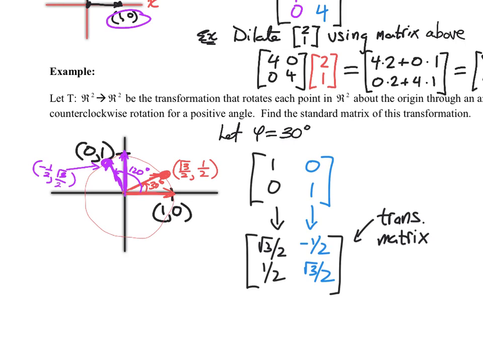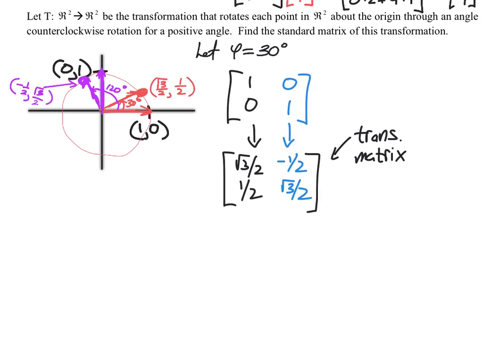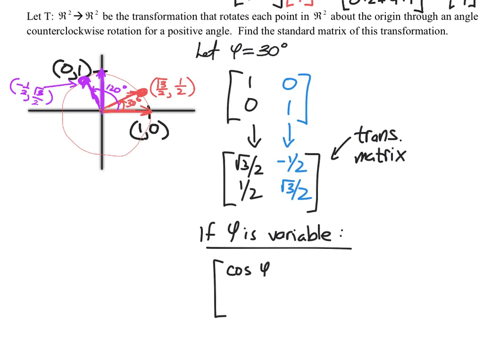The only difference is, in this case, they said that we're working in terms of phi. So if I want to let phi be a variable, this is the only little twist on it. If phi is variable, then we're looking at cosine of phi, sine of phi.